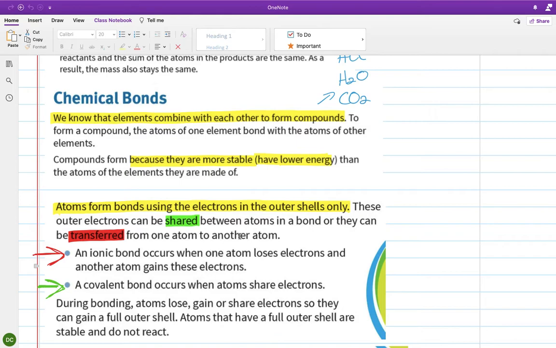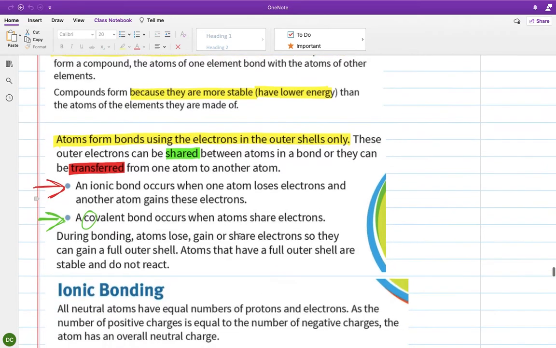In an ionic bond, an atom loses or gains electrons, but they're actually passed from one element to another. In a covalent bond, the word co, like if you cohabit with someone you live with them, means to share.